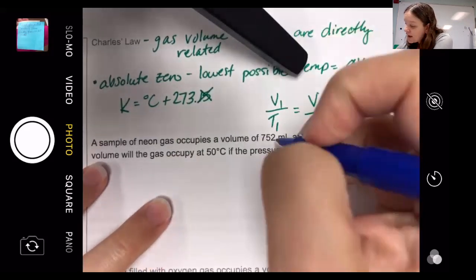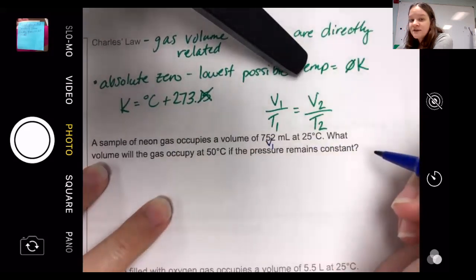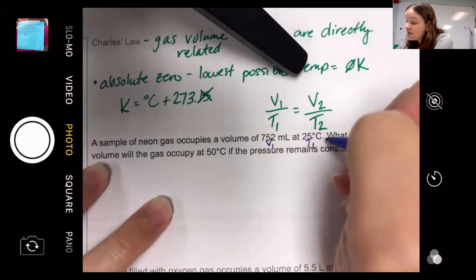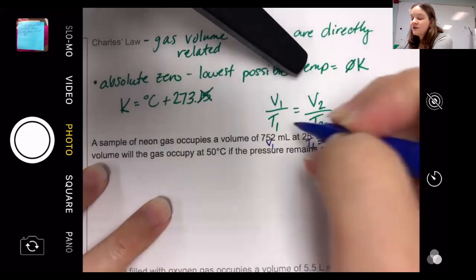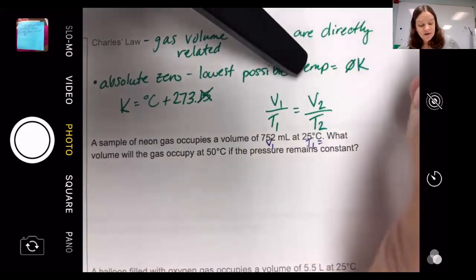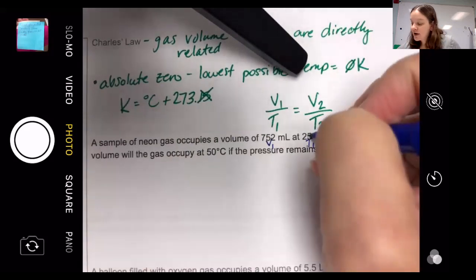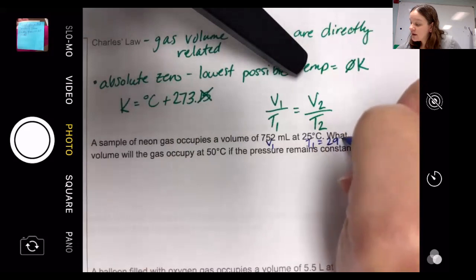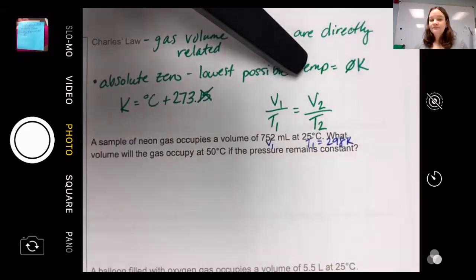So we have our initial volume of 752 milliliters. We have our initial temperature of 25 degrees Celsius. I'm going to have to convert that though. So 25 Celsius, I'm going to have to add 273, which is going to give me 298 Kelvin.